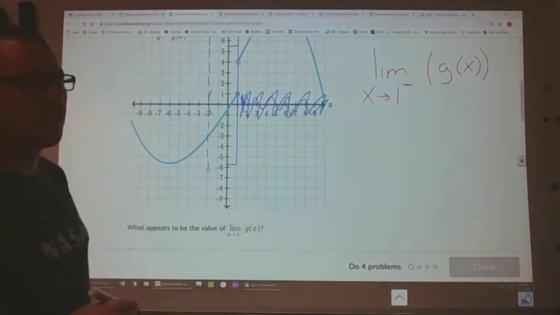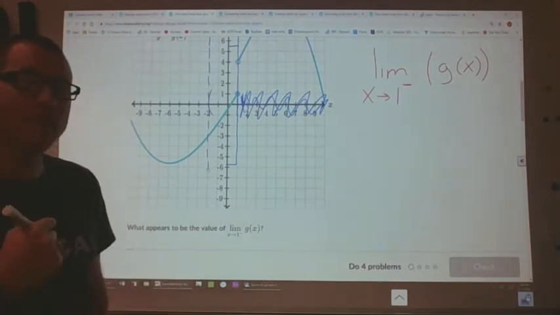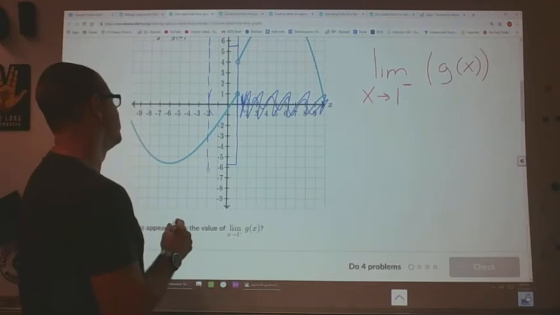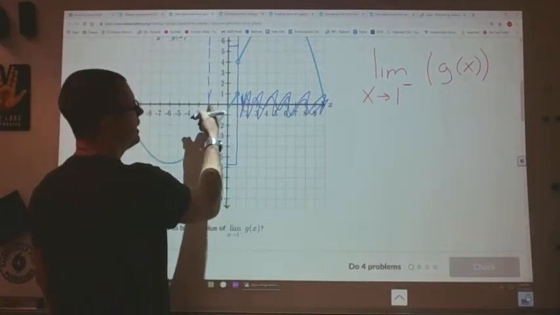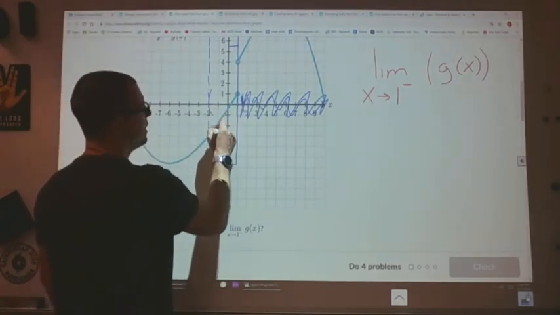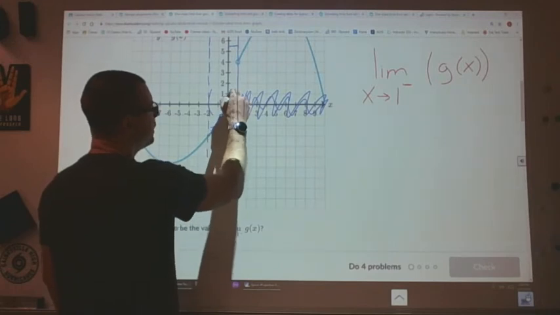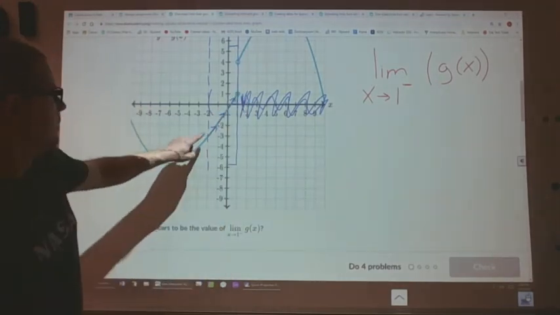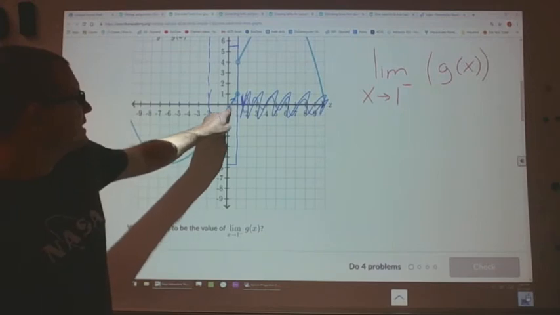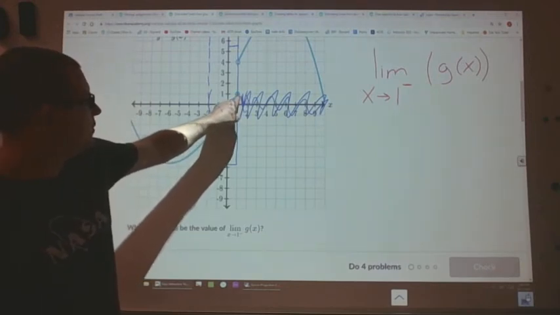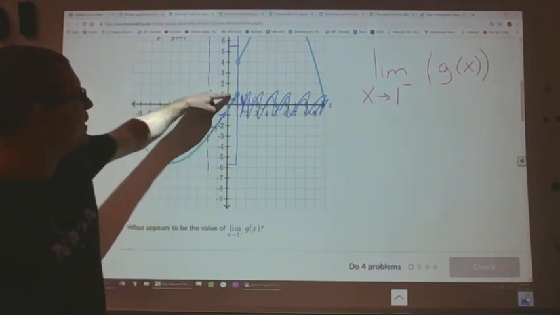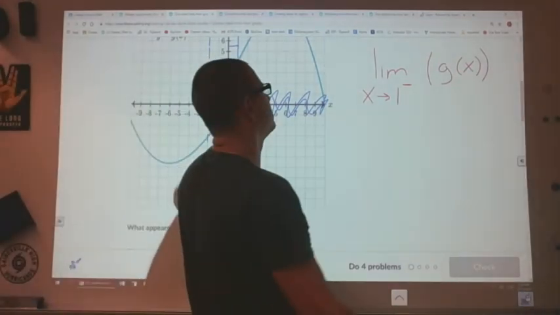And I want to try to approximate that limit only from the left-hand side. So I would look, as I go to the left and then work my way towards that value 1, the closer I get to 1 on the x-axis, the closer my value gets to 1.